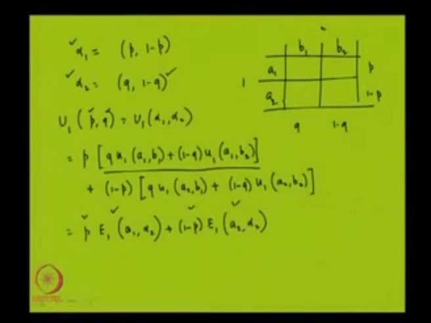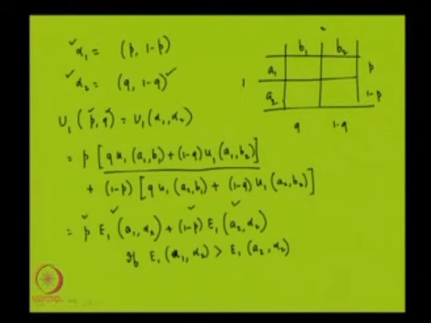It depends on whether E1 A1 alpha 2 is greater than or less than or equal to E1 A2 alpha 2. For example, if E1 A1 alpha 2 is greater than E1 A2 alpha 2, then what is the optimal action for player 1?